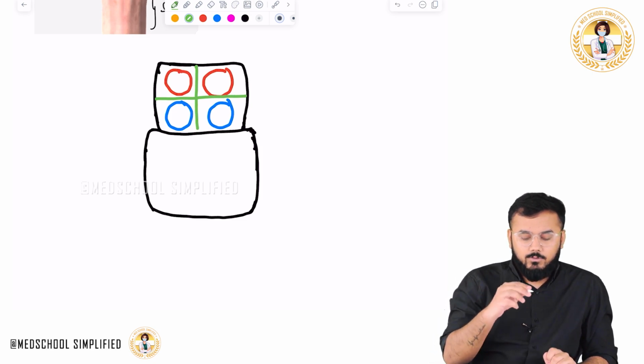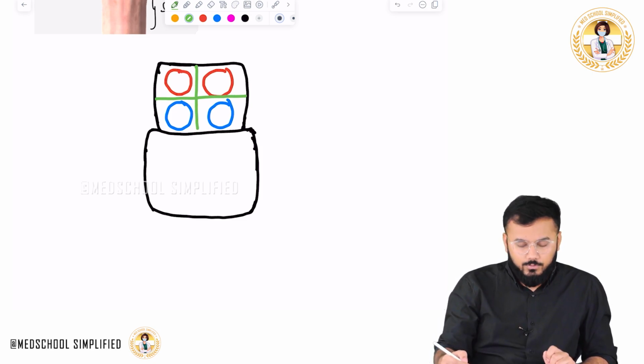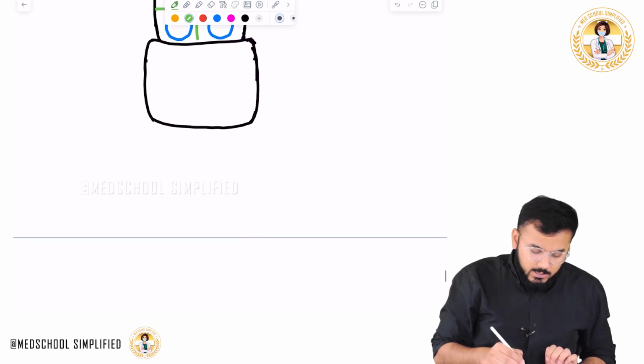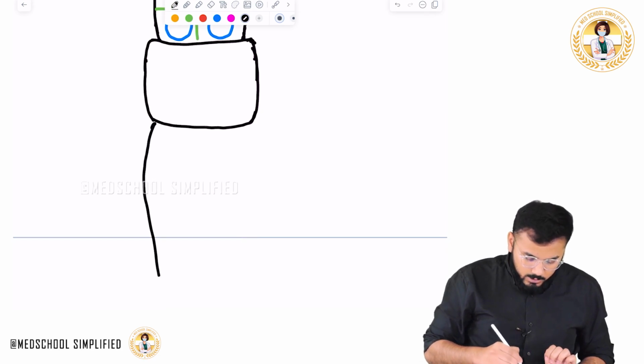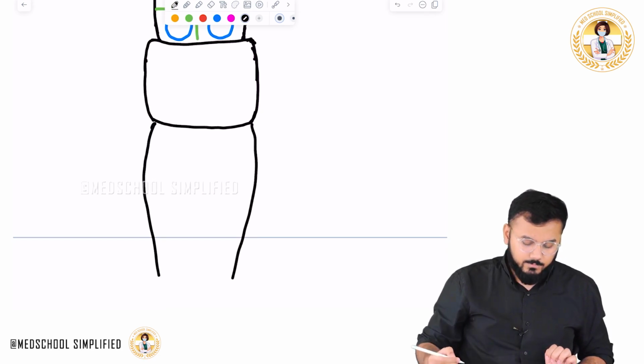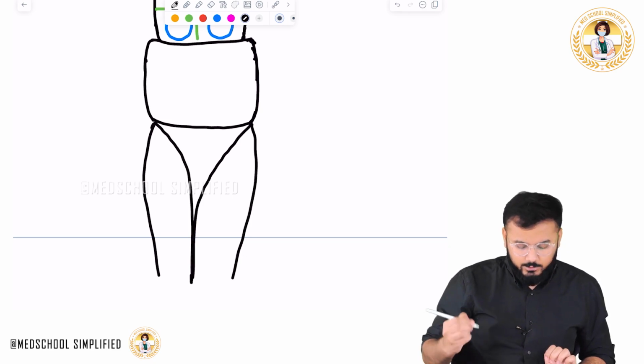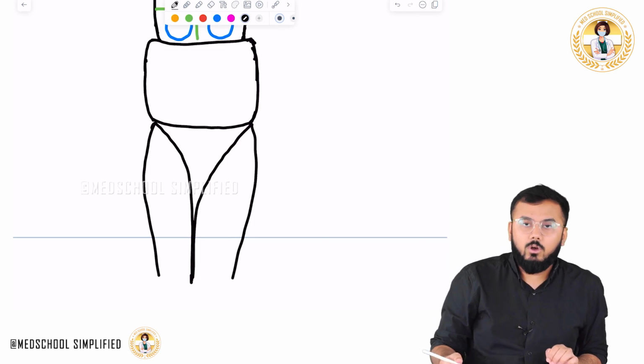Okay, so it is in the form of a cross, so you call this a cruciform sulcus, and this is your pons. Now just beneath the pons, since we are drawing the posterior side, right? Beneath the pons, here you have your medulla oblongata like this. This is your medulla oblongata.